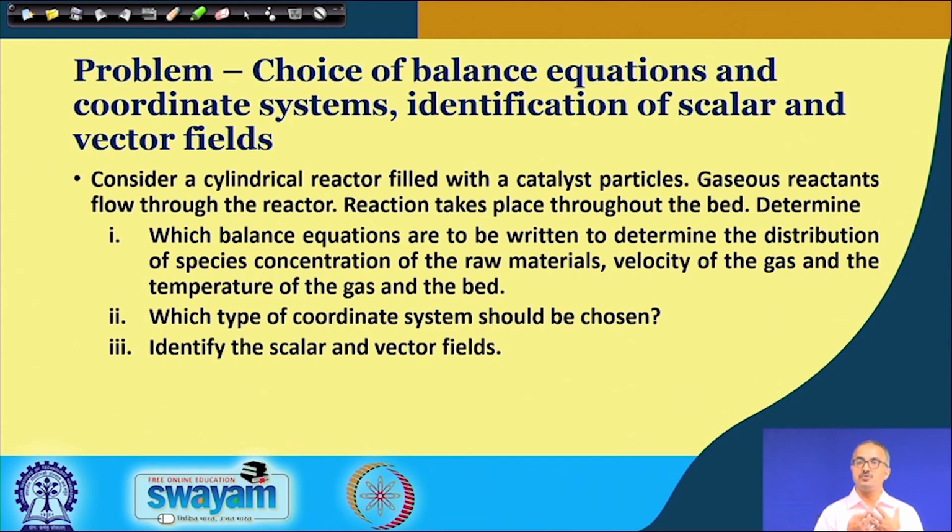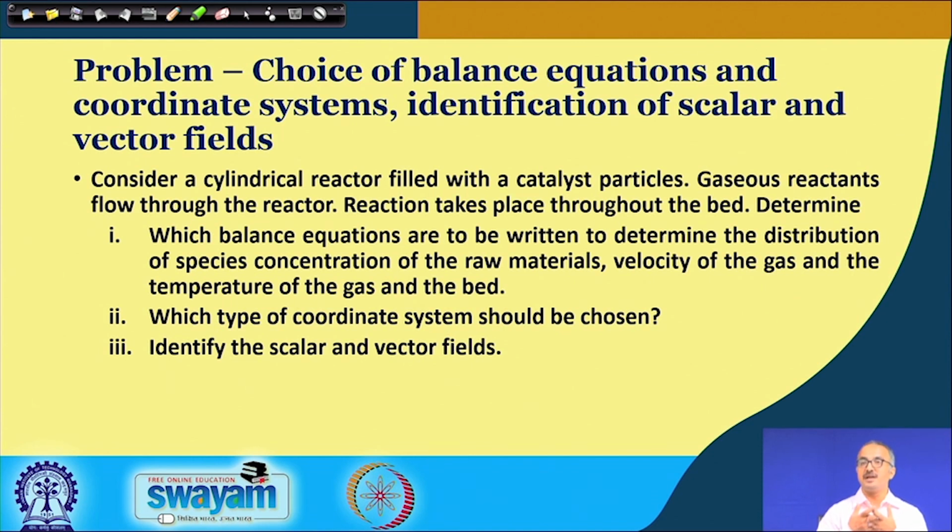So, to know what concentration profiles are generated inside the bed, we need to write the appropriate equations. Similarly, the reactions may have a heat effect, exothermic or endothermic. Depending on that, the temperature may either rise or fall.